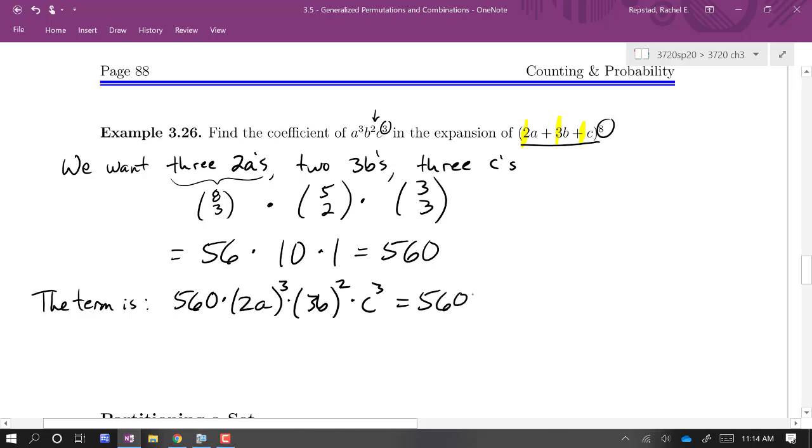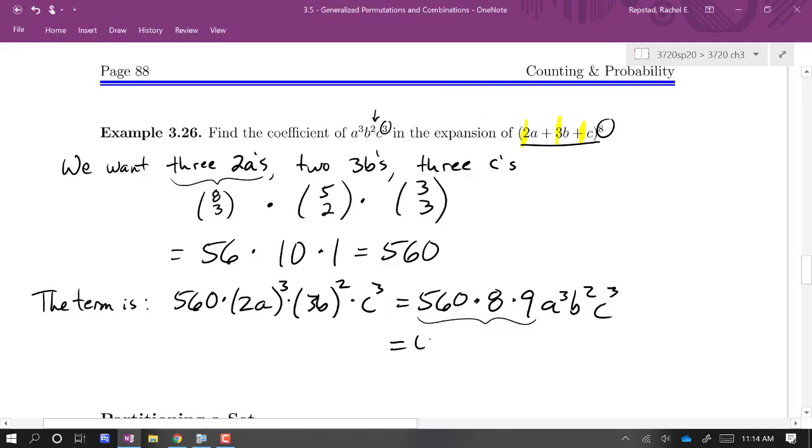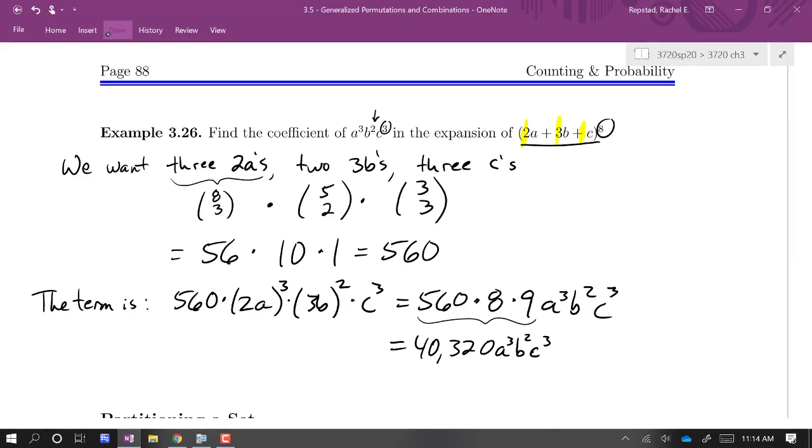So 560 times, let's see, 2 cubed is 8, 3 squared is 9, and then we have a cubed b squared c cubed. And now I'm just going to multiply these guys. 40,320. And what we want is just the coefficient, so that's this value right here.